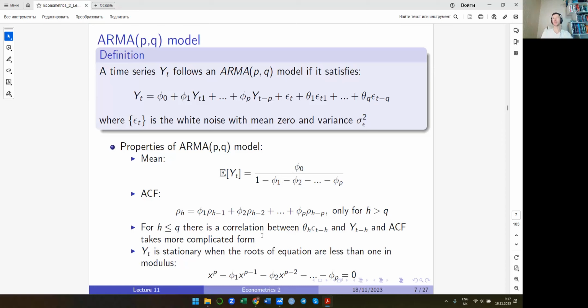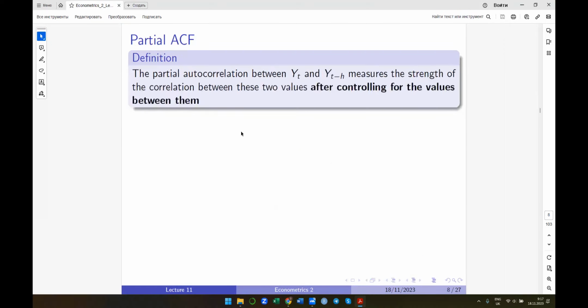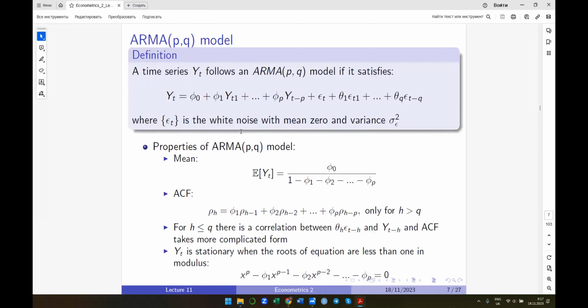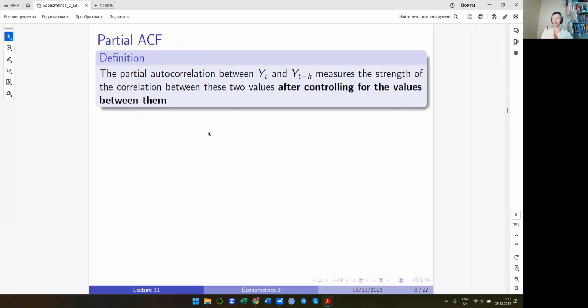And again, the stationarity depends on the roots of the AR part. So basically, the AR part introduces the larger number of limitations to this model. What you have to remember from the previous slides is the distinction between autocorrelation for the AR model and the MA model. We will see some examples in several minutes, but this is the most important thing for future modeling.